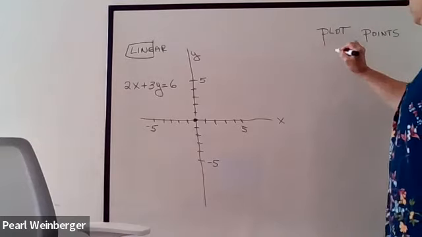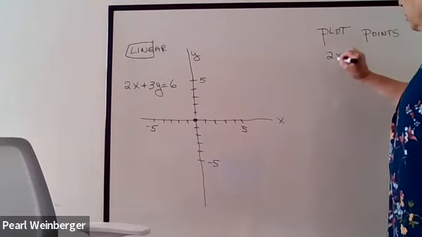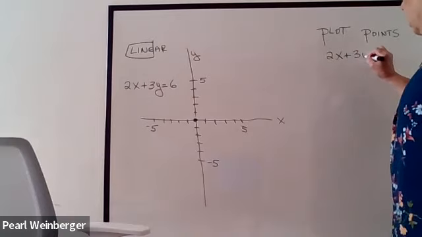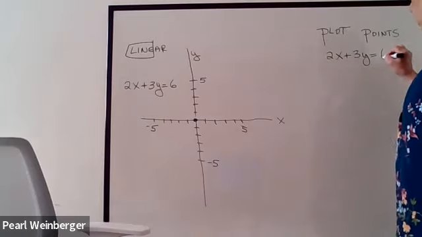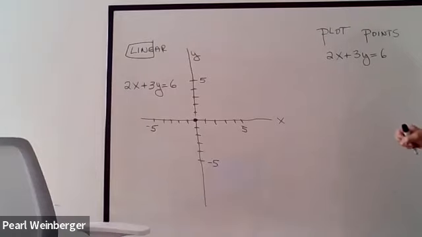I'm starting with this equation, 2x plus 3y equals 6. I want to find at least 2 points on that line. The only reason I need only 2 points is that then I can just connect the 2 points and I have my line.